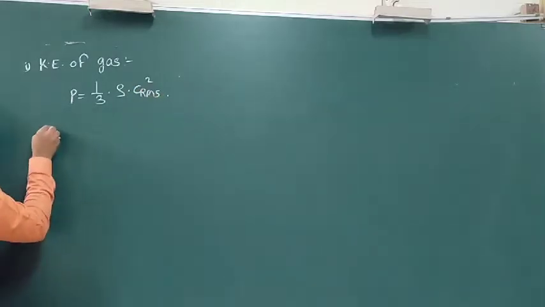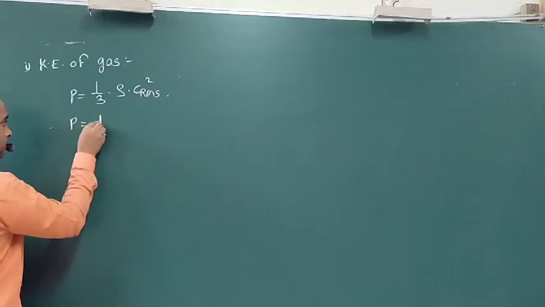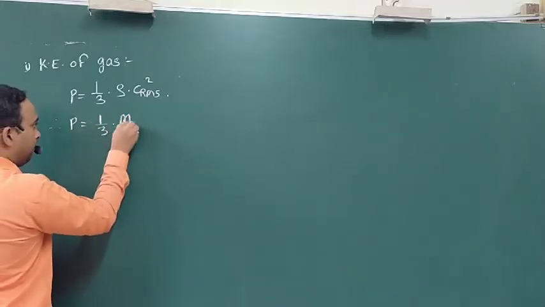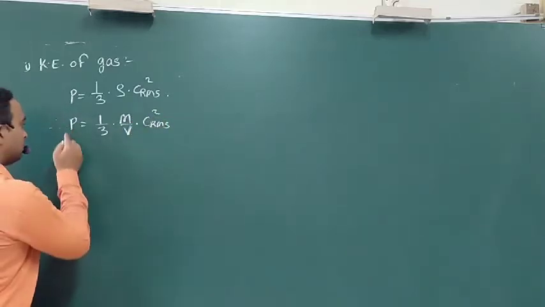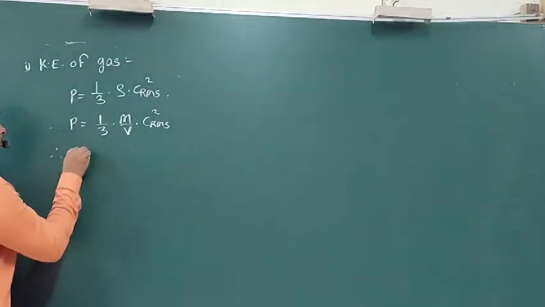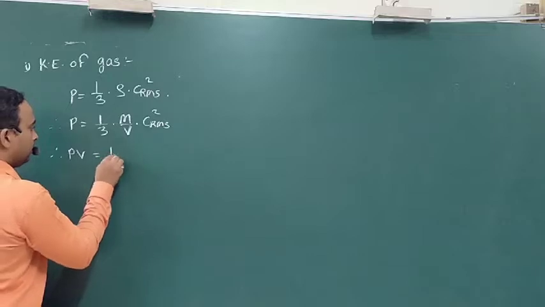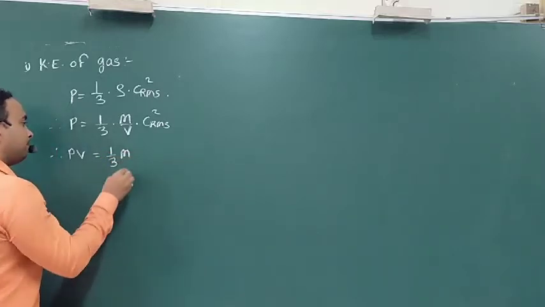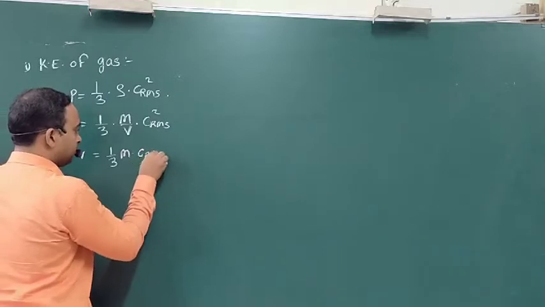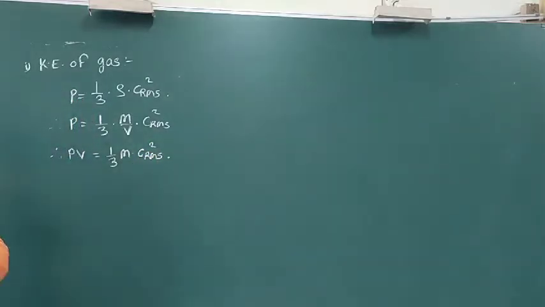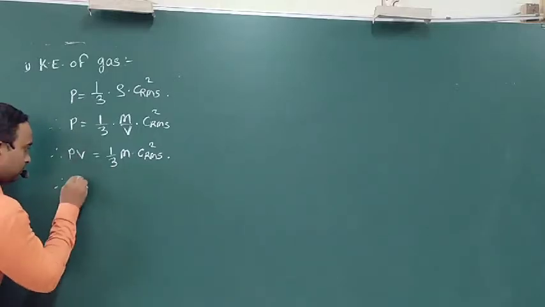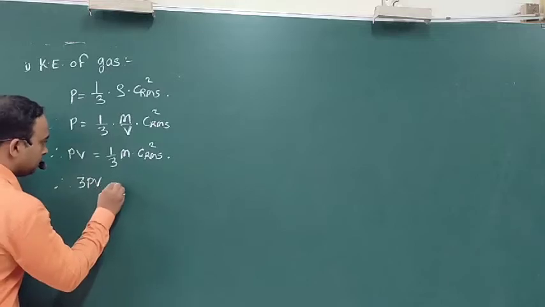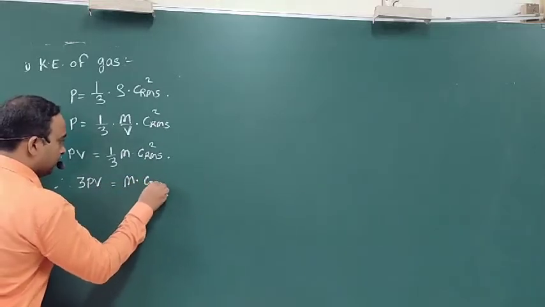Therefore, 3PV is equal to m into C RMS square.